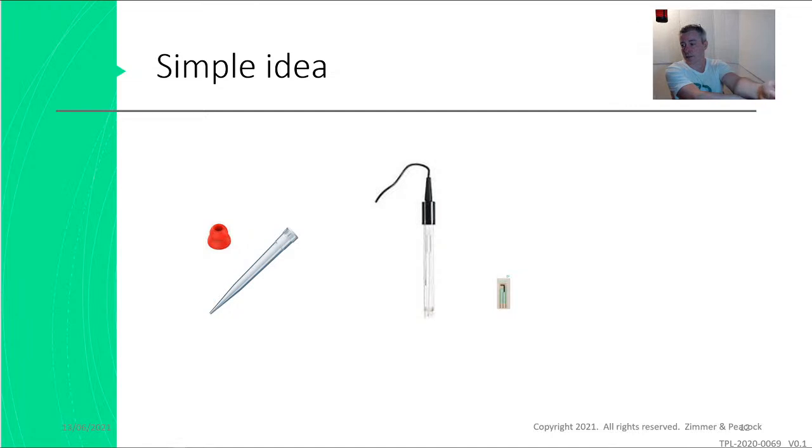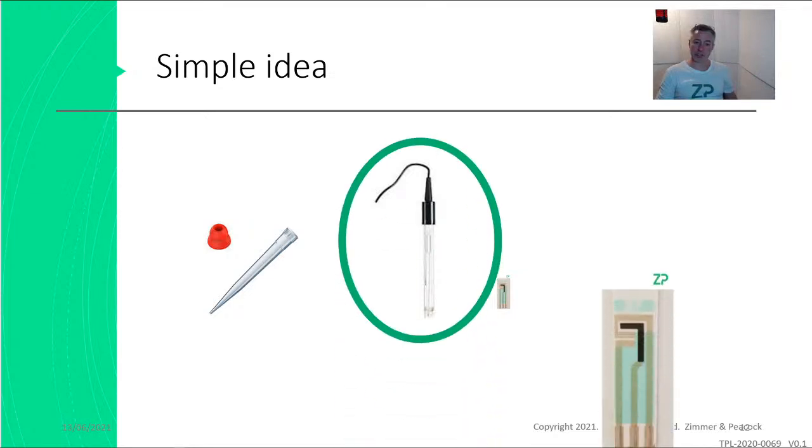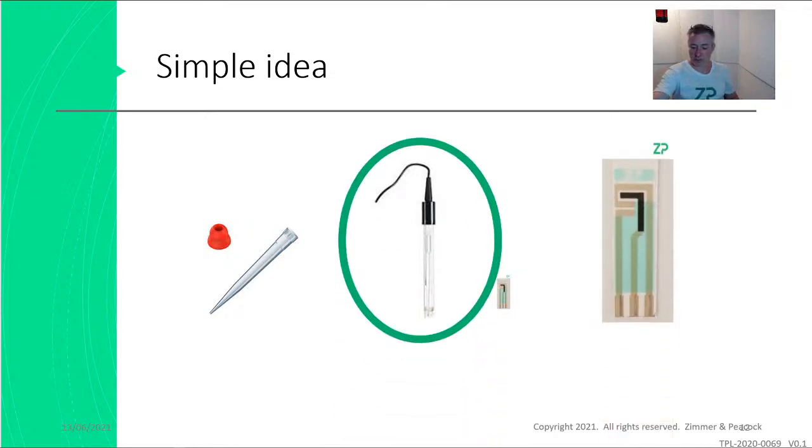If you know anything about pH sensors, they're a form of open circuit potential sensors or potentiometry sensors, and another term for them would be ion selective electrodes. So he's essentially been making a form of pH sensor, but specific to nitrate rather than acidity or basicity. And our simple idea was to convert that into something that was solid state.